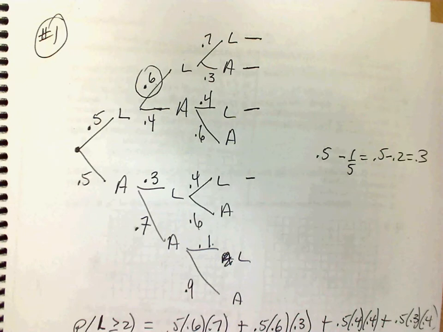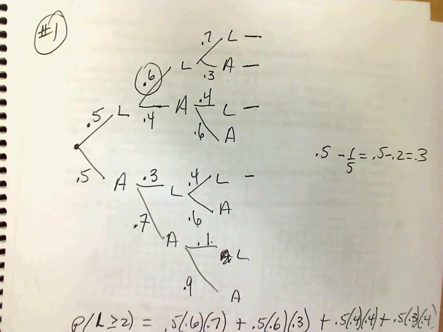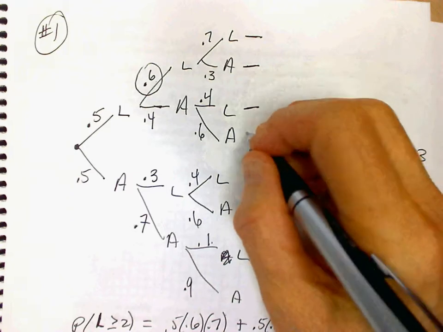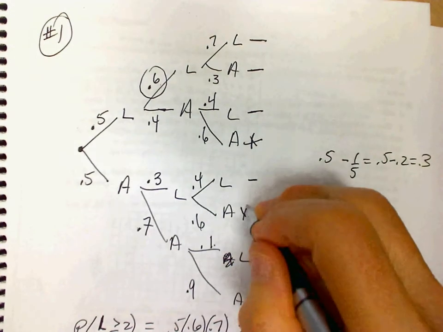I think you can do the other one: Andrea wins exactly 2 games. She won exactly 2 games here, and exactly 2 here. There are 3 ways she can win exactly 2.